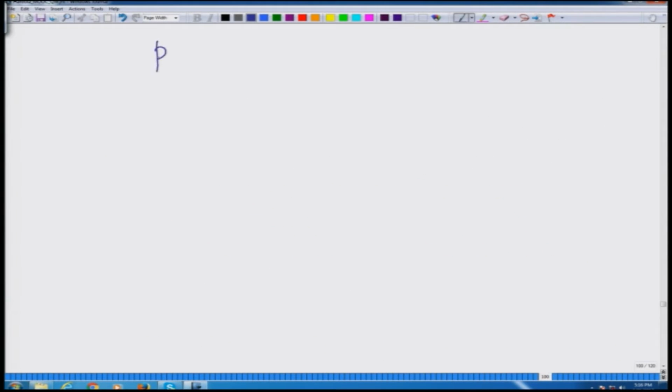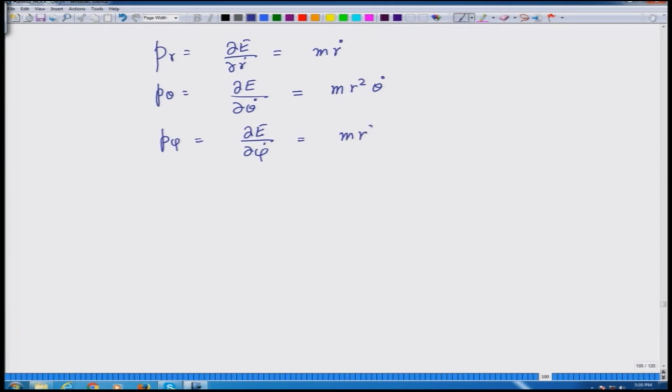These are P_r, which is partial E over partial r-dot, which is m r-dot. This is P_theta, which is partial E over partial theta-dot, which is m r² theta-dot, and this is P_phi, which is equal to dE by d phi-dot, which is m r² sin²theta phi-dot.